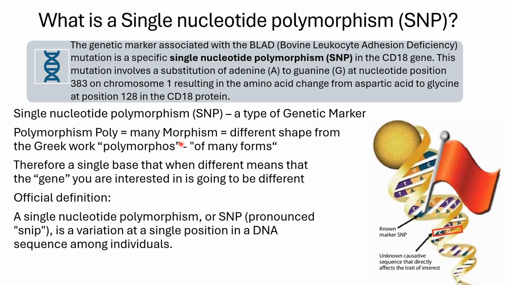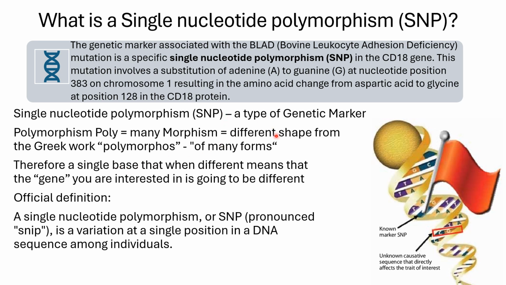Polymorphous is Greek. It means many forms. So how many forms can a single nucleotide have? It can have 4. An A, a G, a C, or a T. So there's a one base change. That's what a SNP is.